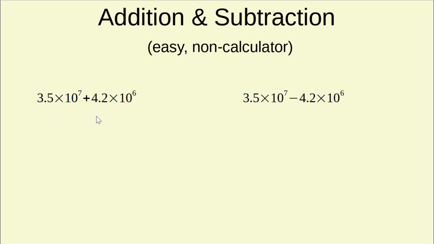Then we change this 4.2 times 10 to the 6 into 0.42 times 10 to the 7. So now they're both the same order of magnitude, the same power of 10. Then we can just take the a numbers and add them together, just like easy numbers. And automatically, we have an answer in standard form: 3.92 times 10 to the 7.